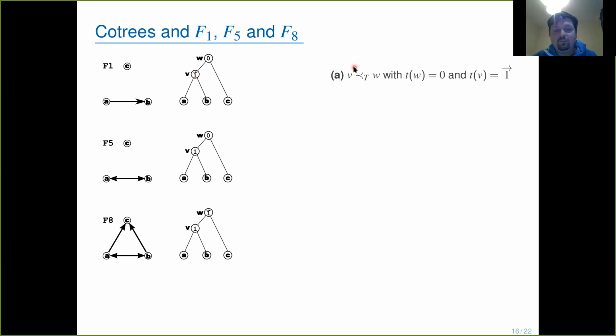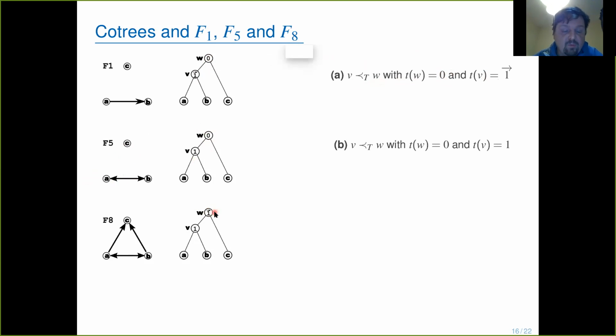So this means we have an F1 subgraph whenever we find in the tree two vertices, where V is below W, W has vertex label 0, and V has vertex label arrow 1. And now we can examine this for F5 as well. So if we have a 0 followed by a 1, then we have an F5 subgraph.